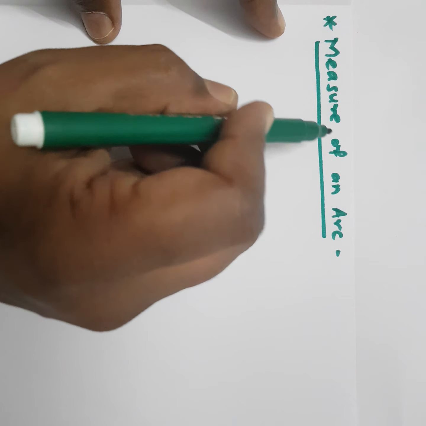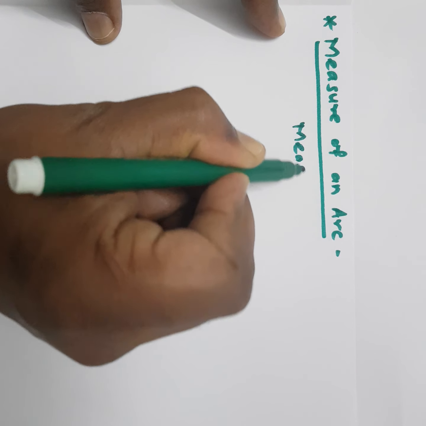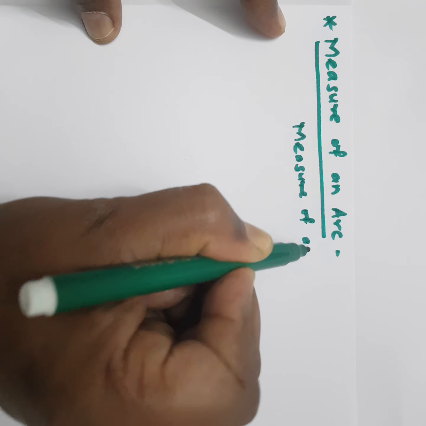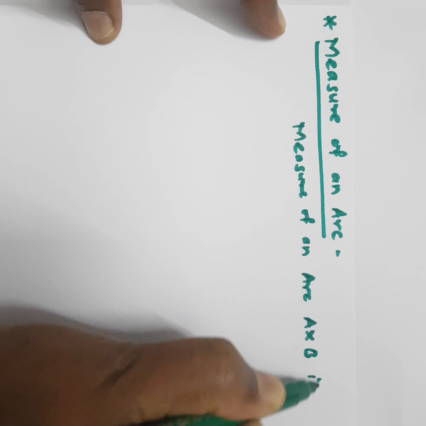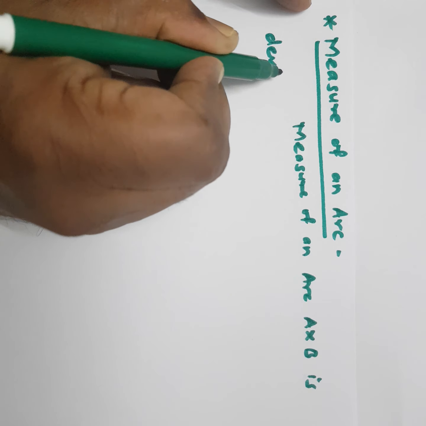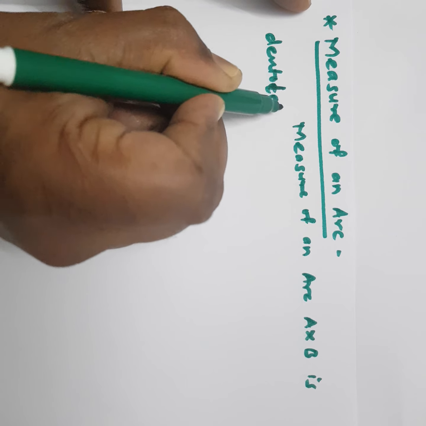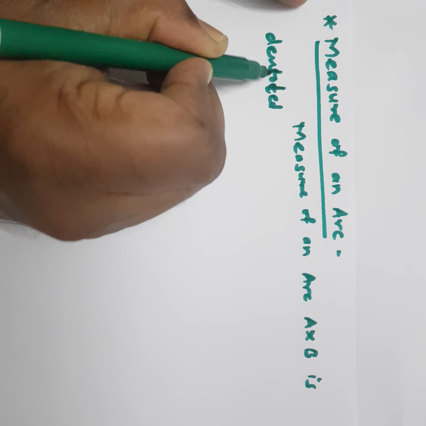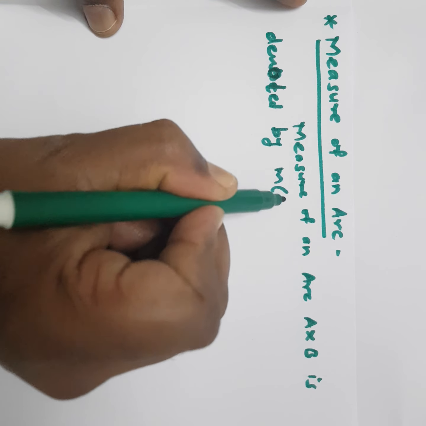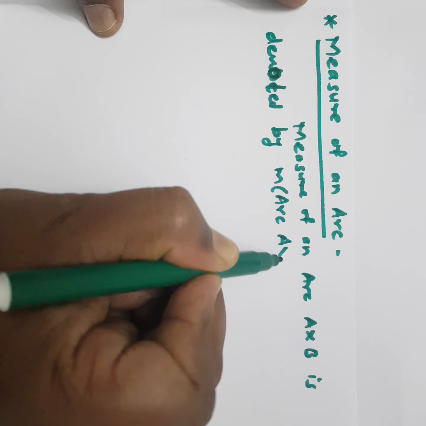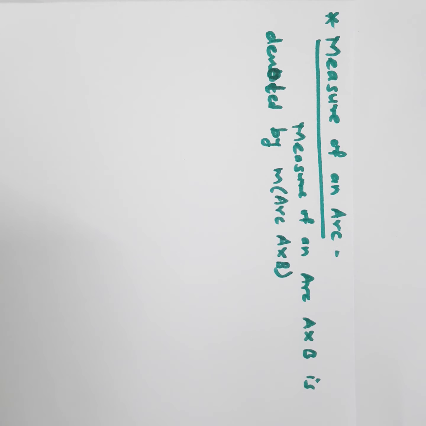The measure of arc AXB is denoted by m(arc AXB).